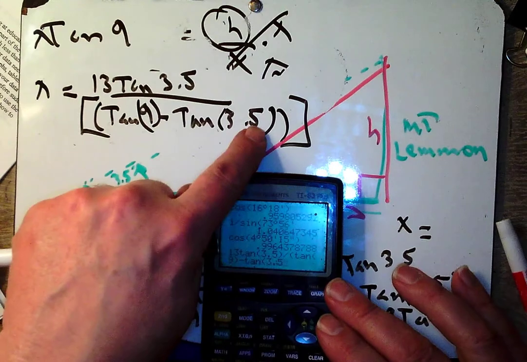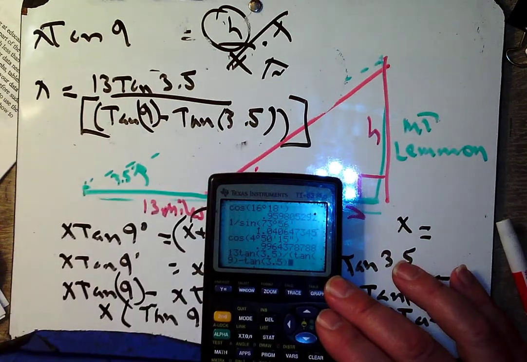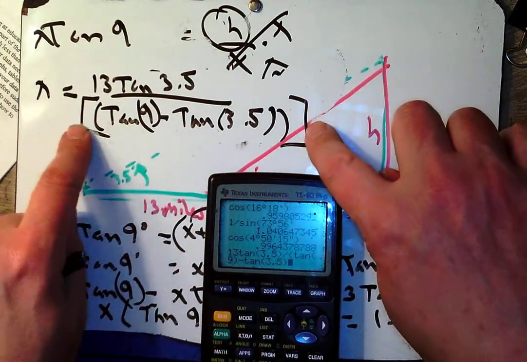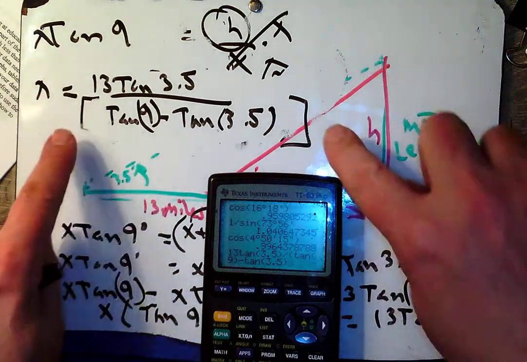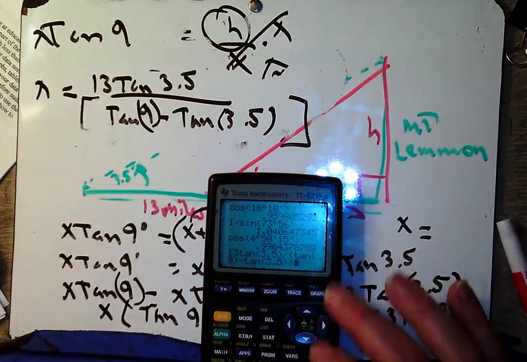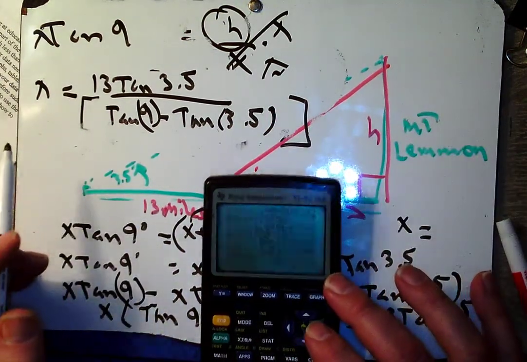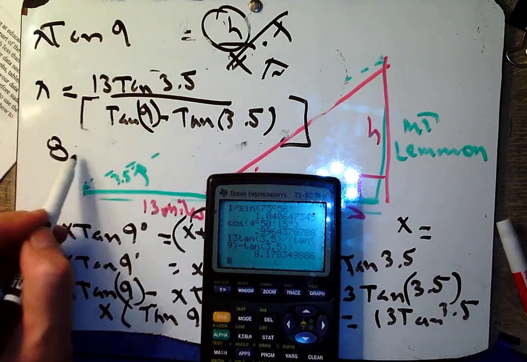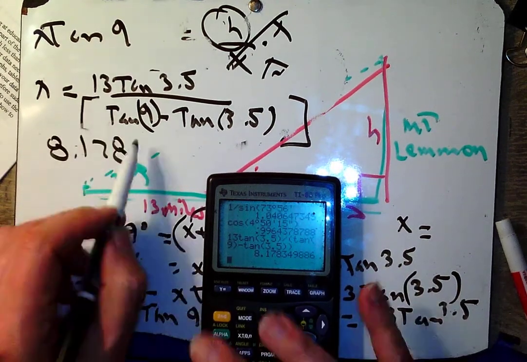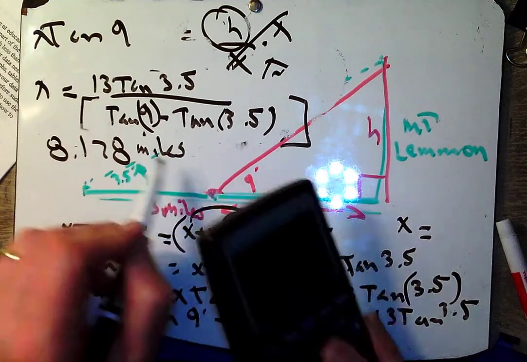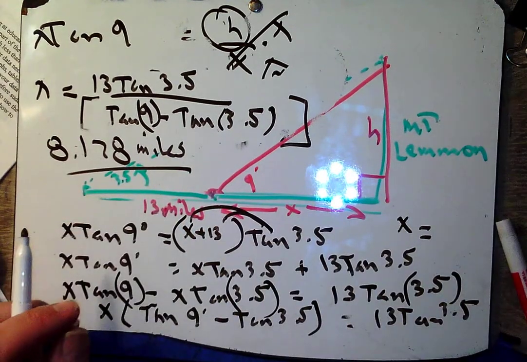Here, you not only have to close that parenthesis, but you need to close the one that covers everything in the denominator. Okay, what do we get? We get 8.178 miles.